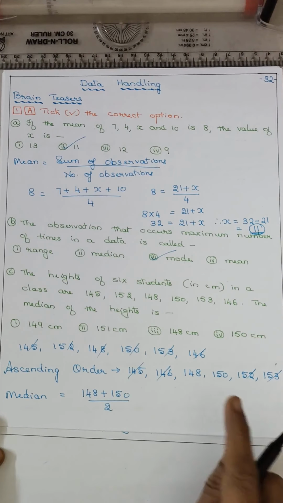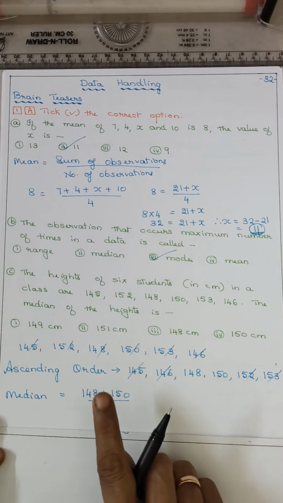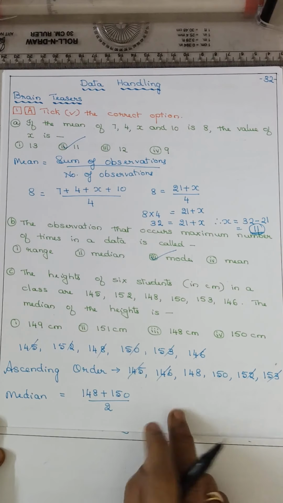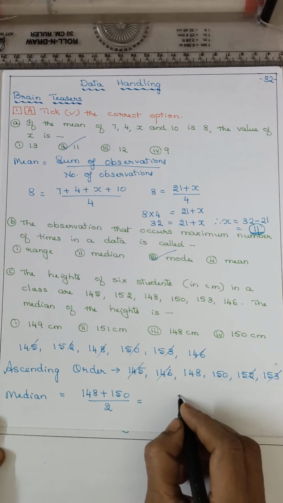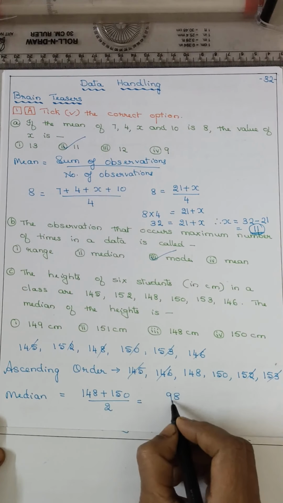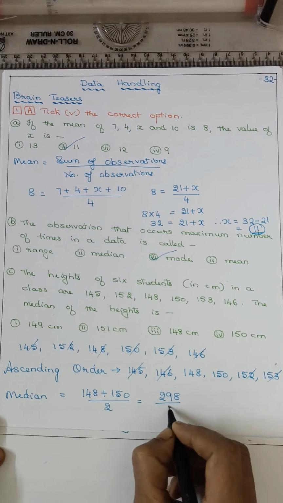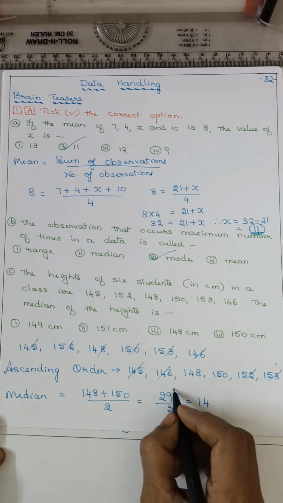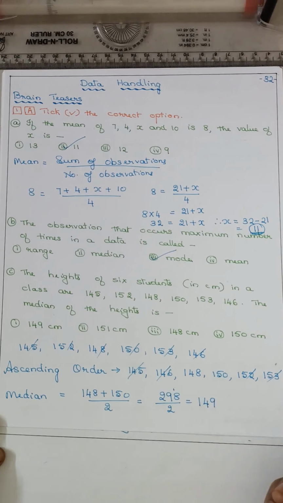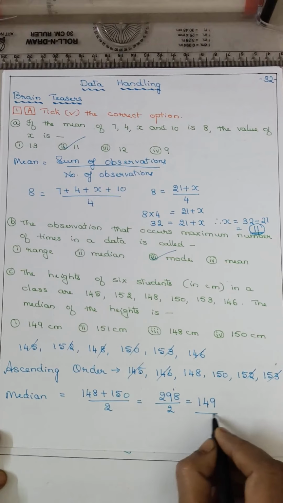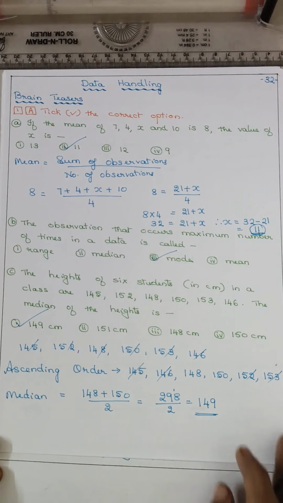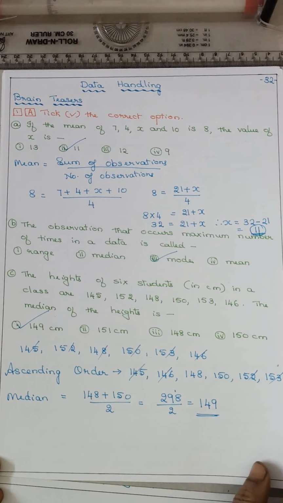Remember, whenever one number is left, that is the median; whenever two numbers are left, add both and divide by 2. 8 plus 0, 8, 4 plus 5, 9, 1 plus 1, 2, upon 2. 2 ones are 2, 2 fours are 8, 1 remains, 2 nines are 18. So the answer is 149 centimeters. Understood? So that was question number C.